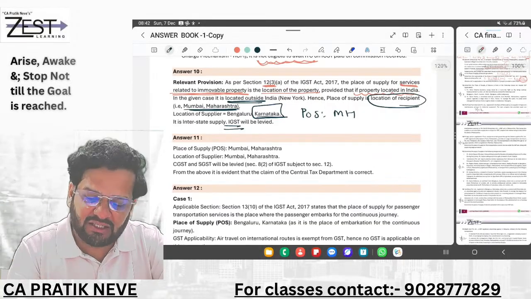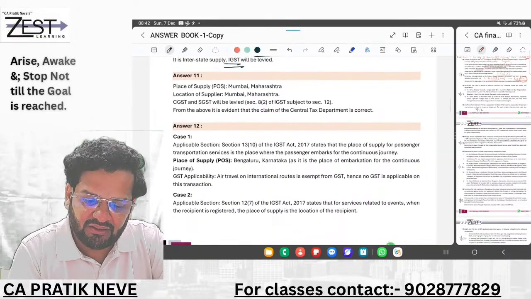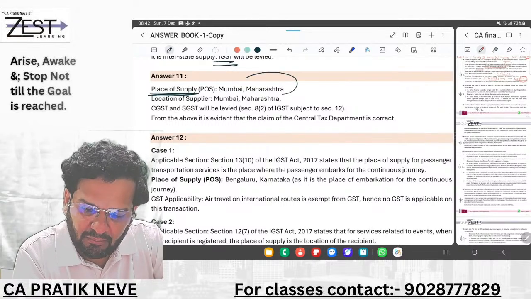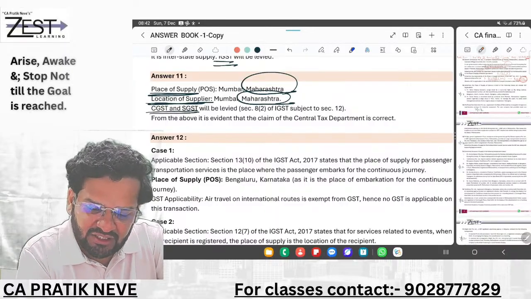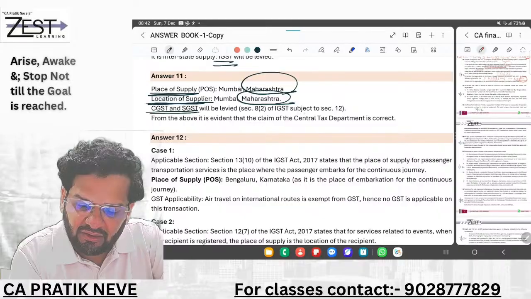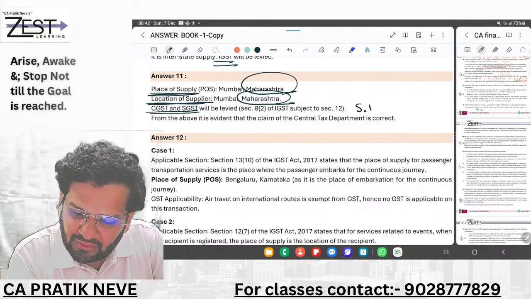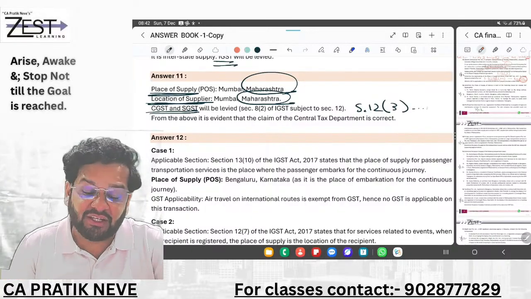So there will be chargeable CGST plus SGST. So see, POS Maharashtra, LOS Maharashtra, CGST and SGST will be chargeable as per section 12(3) of IGST Act.